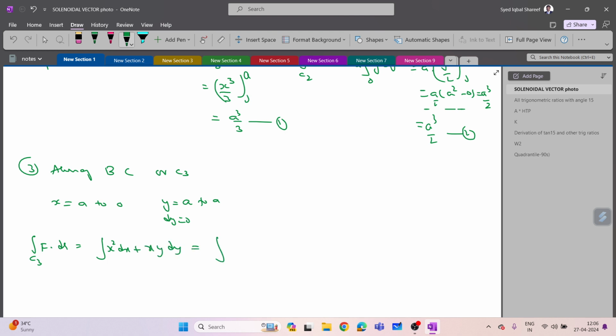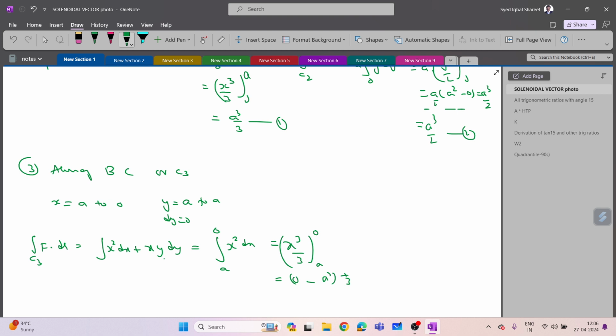With dy equal to 0, this part is equal to 0. Only we have x squared dx and it is a to 0. This will be x cubed by 3, from a to 0. So the upper limit is 0 minus a cubed by 3.